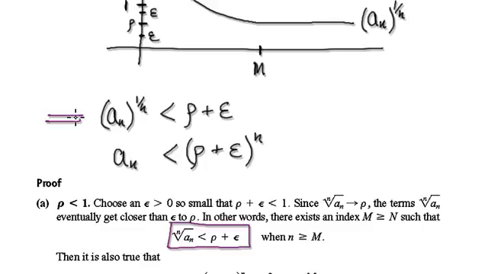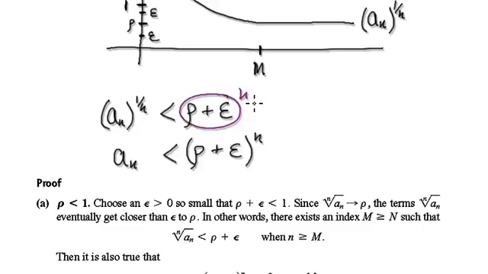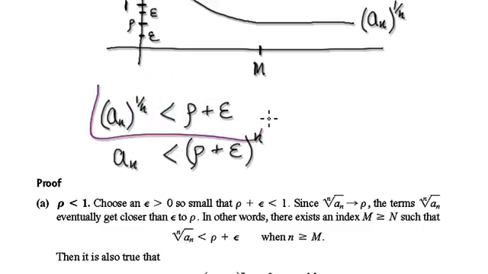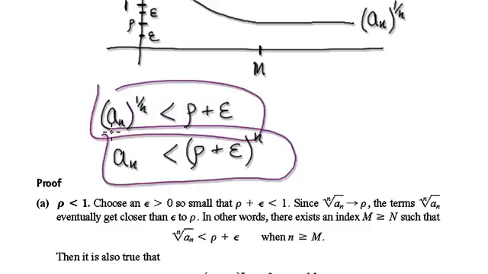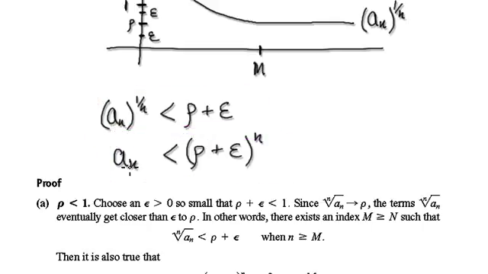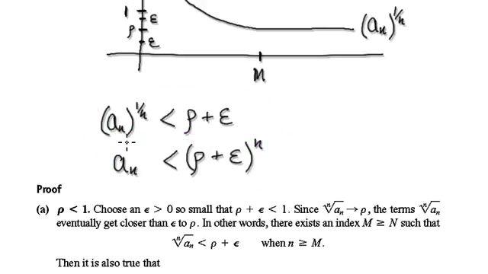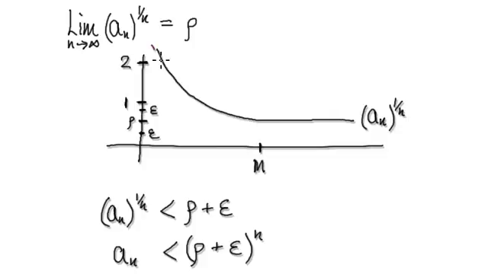Okay, so from here, raise both sides to the power of n. So this thing here to the power of n, and then this thing here to the power of n. This times this will be 1. So basically from here, that will then take you to here. So that means that, remember, this line here represents a_n to the power of 1 over n.